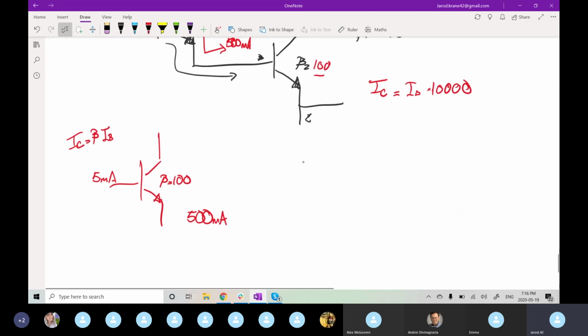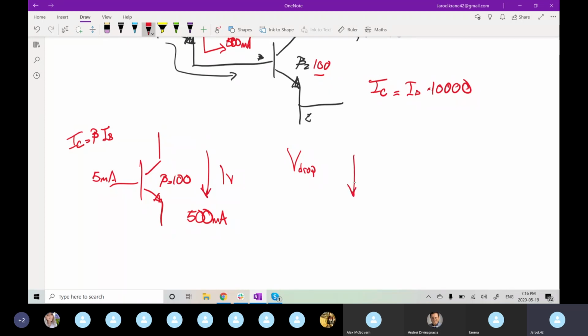Doing this, your voltage drop obviously is also going to be doubled. The voltage drop across just one was only going to be 1 volt or something of that, because we are adding 2, the voltage drop in this case is going to be 2 volts.